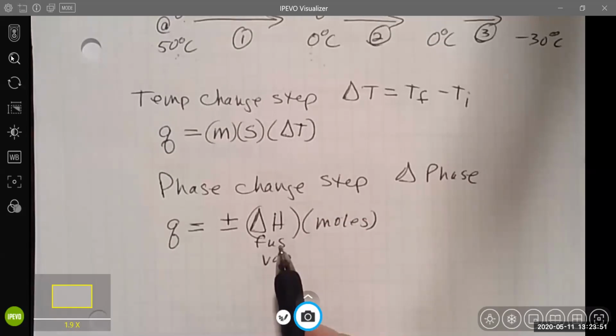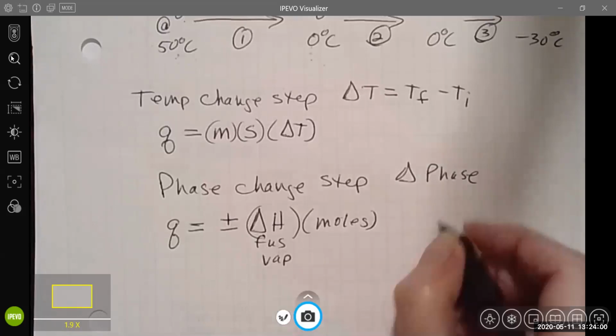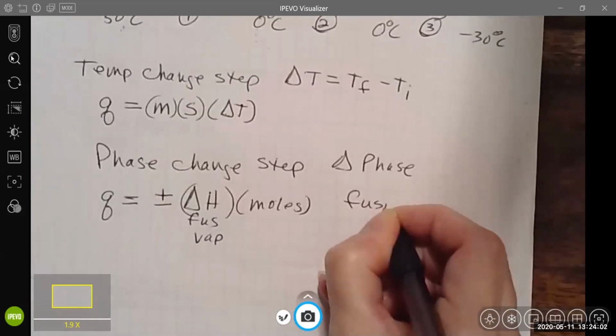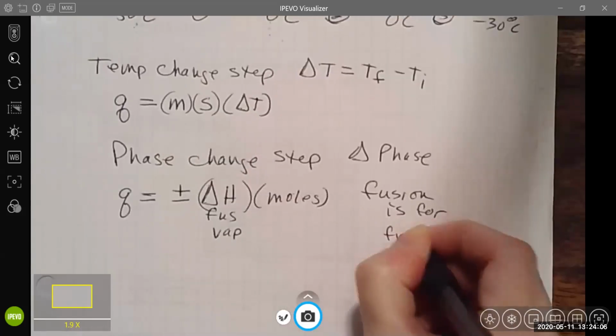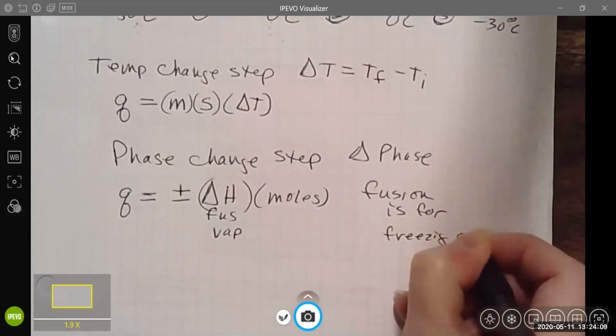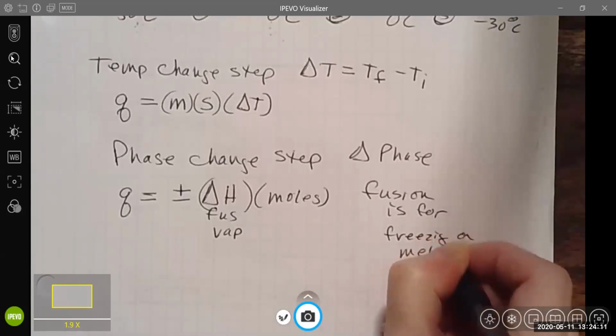Fusion is when you are going solid to liquid or liquid to solid. So freezing or melting, you use this. Okay, so fusion is for freezing or melting.